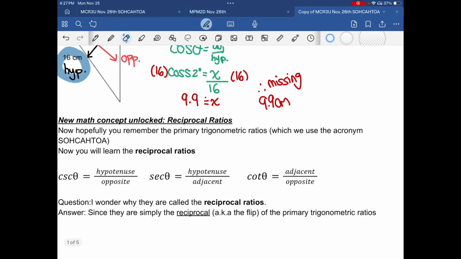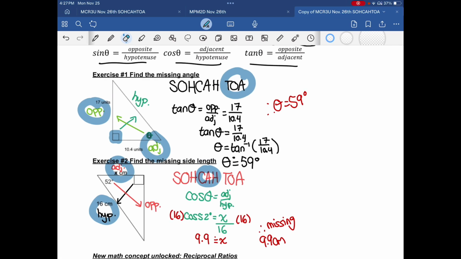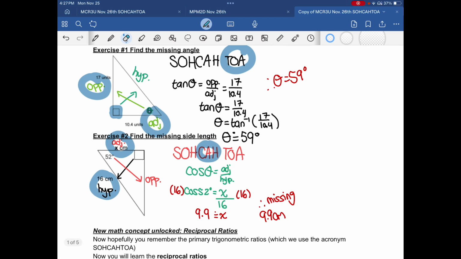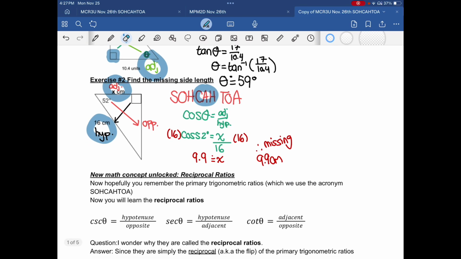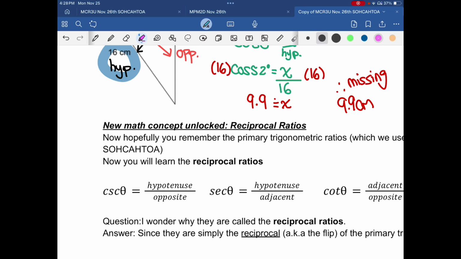Okay, so hopefully you remember how to use the primary trig ratios, SOHCAHTOA, which you learned in grade 10. Now, in grade 11, new math concept unlocked. These are called the reciprocal ratios, which are cosecant, which I will write phonetically, cosecant.